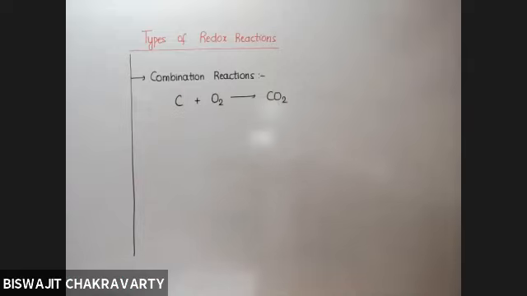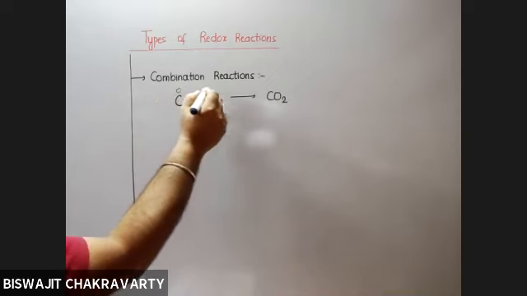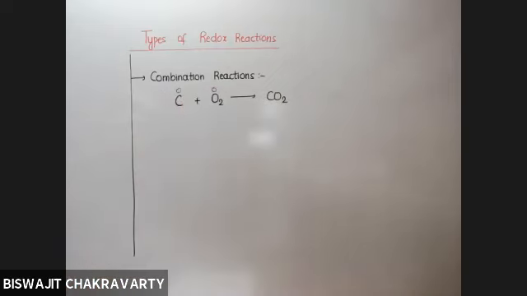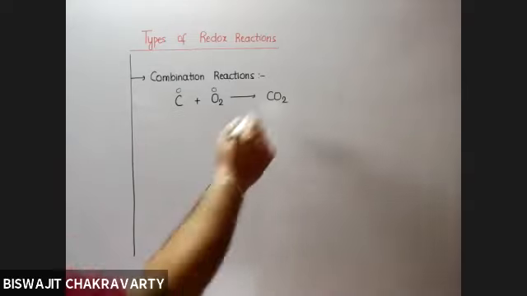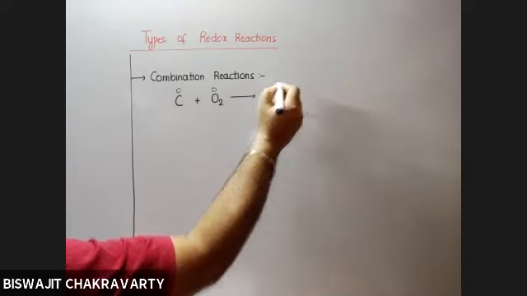So let us see whether it is redox or not. Prior to the combination, both carbon and oxygen had oxidation number of 0, because I told you that in the pure elemental state it is 0. But after they combine, oxygen usually shows -2.